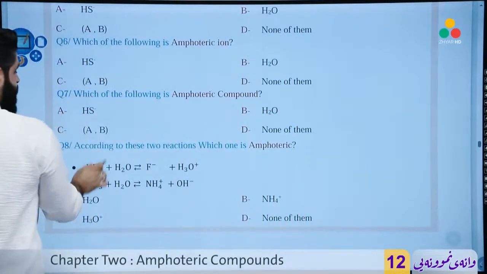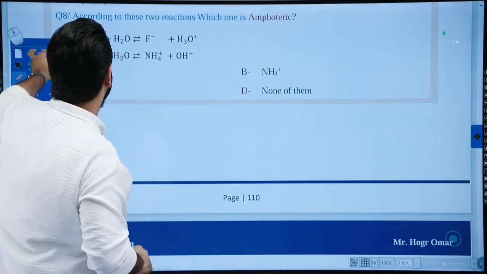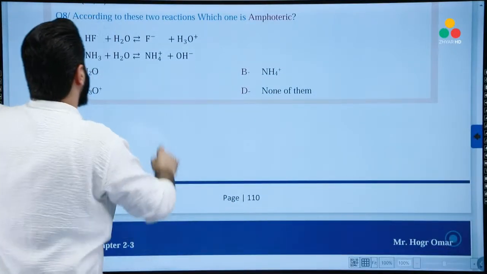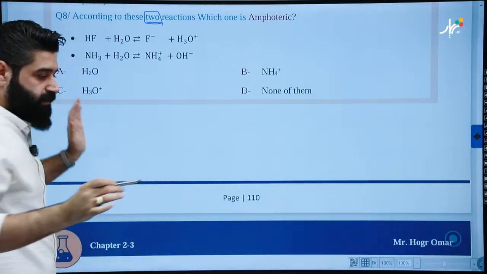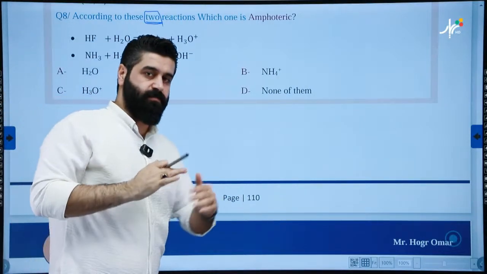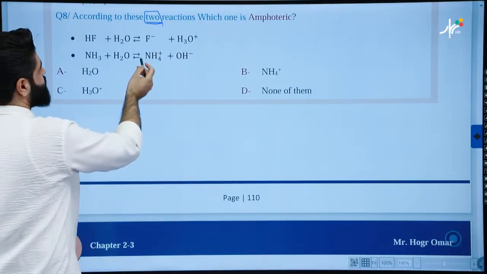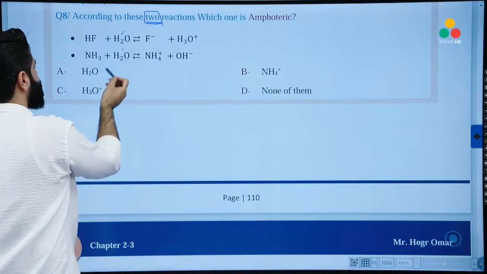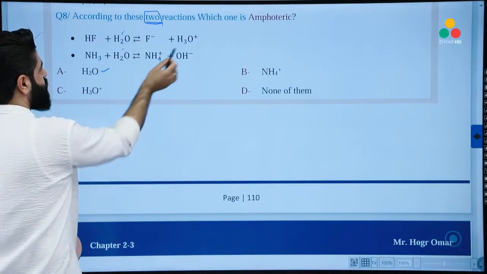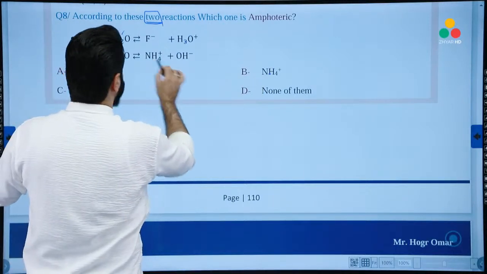Another question: according to these two reactions, which one is amphoteric? Now we have two reactions. First of all, we need to look for something that is in both reactions. Which substance is in both reactions? We have H2O in both reactions. H3O+ is only in this one, and NH4+ is only here.